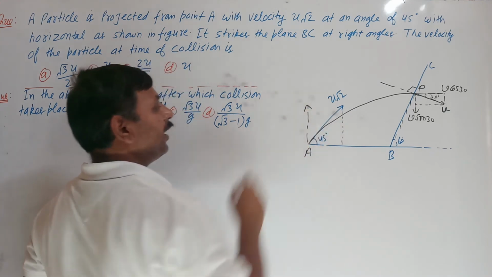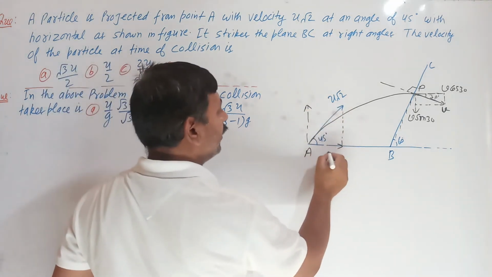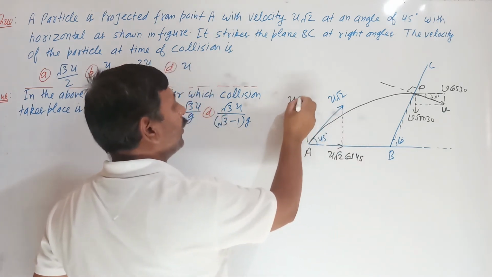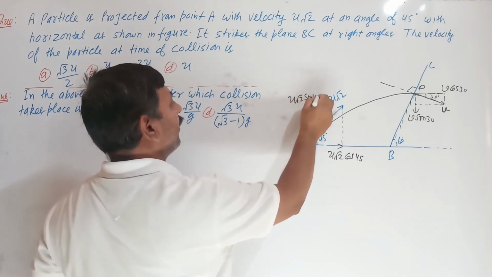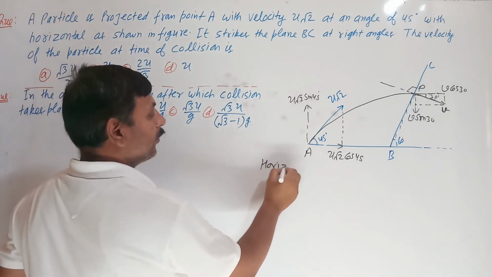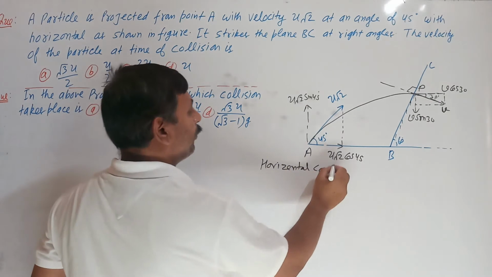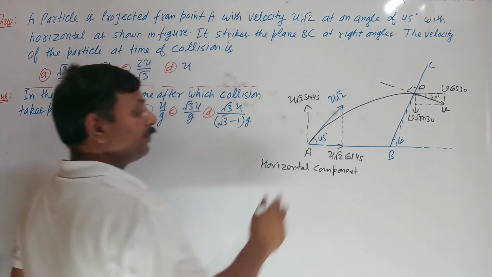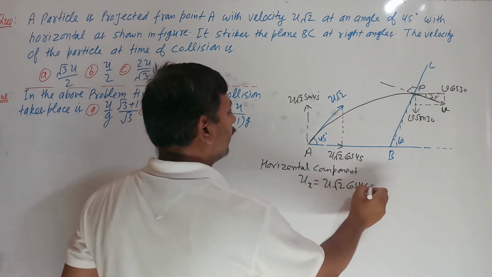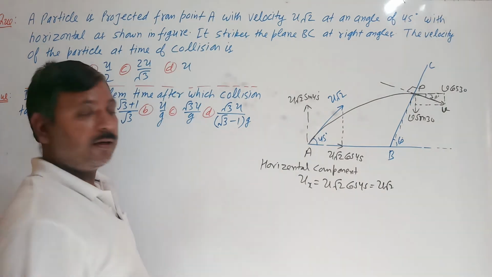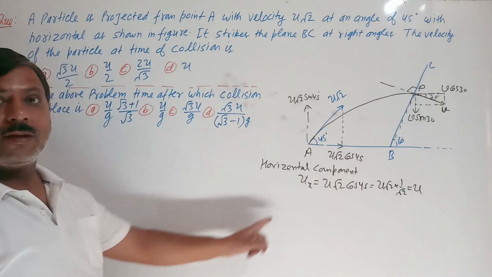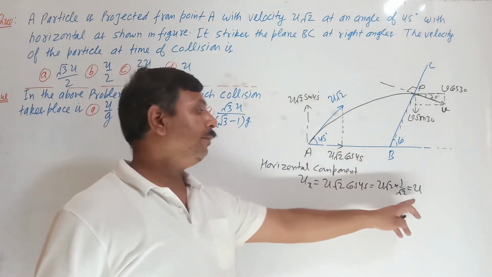At the time of projection, the horizontal component will be u root 2 cos 45 and the vertical component u root 2 sin 45. So horizontal component ux is equal to u root 2 cos 45, and cos 45 is 1 upon root 2, that is u. The horizontal component will be u.